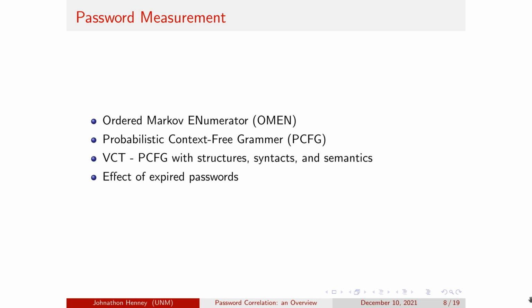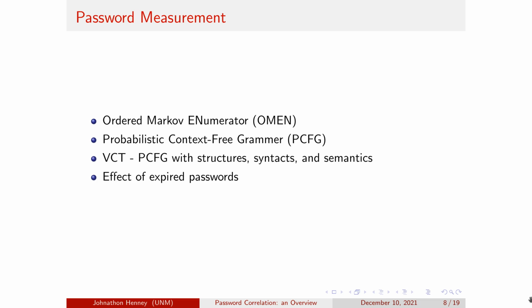Then there was the probabilistic context-free grammar that was a tool that was developed by some other people that was referenced in the paper that builds grammar based on the data set space of the possible passwords and runs off of that.